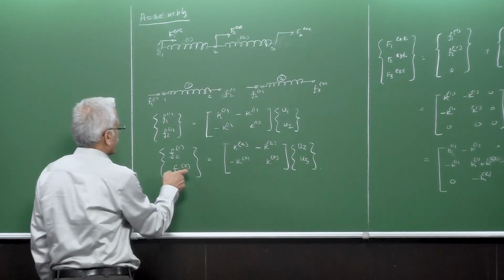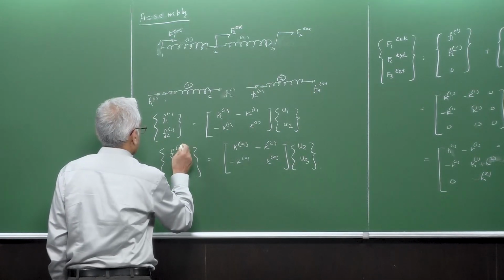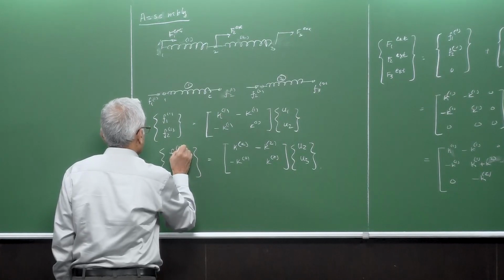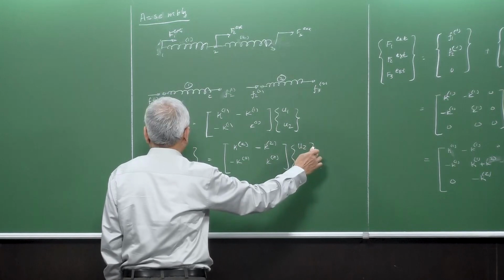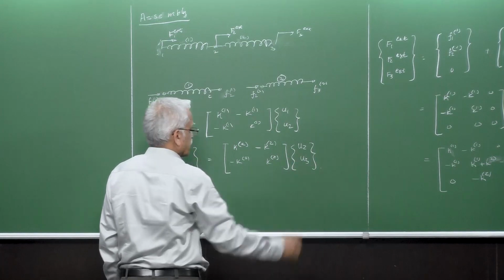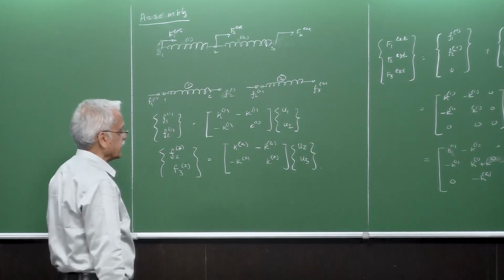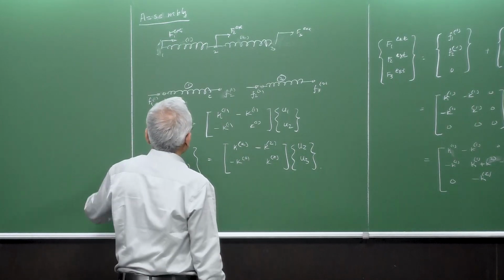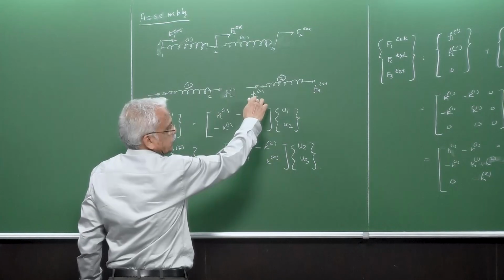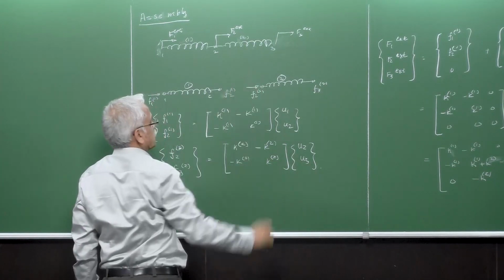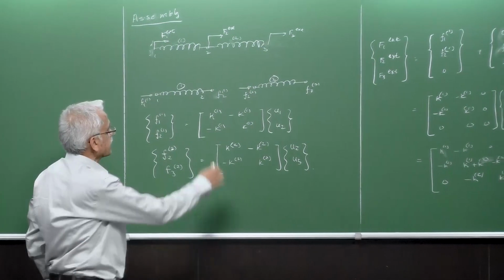So similarly for element 2, we have F2 and F3 being contributed by the displacements of nodes 2 and 3. And we also know that here the summation of these two is equal to the total external force here.